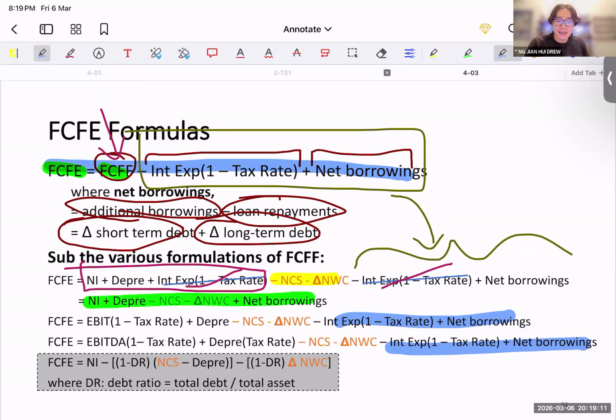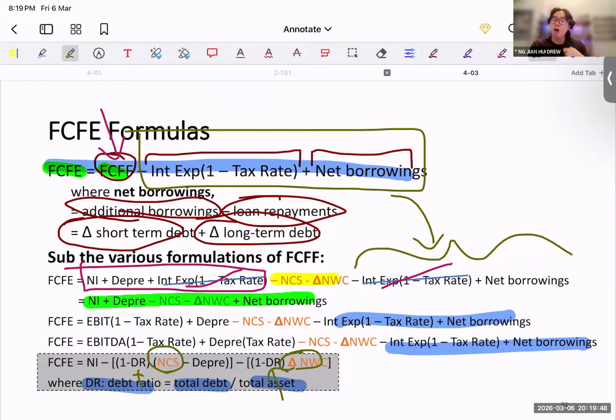For the FCFE formulation, again in lecture 2, we did mention that there is another formula to use. We can use the idea of a debt ratio, where I think one of you also asked, what is a debt ratio? The debt ratio is just your total debt divided by total assets. So in this formulation, we adjust the NCS by the debt ratio, and we adjust the net change in working capital by the debt ratio, to get your FCFE formulation.